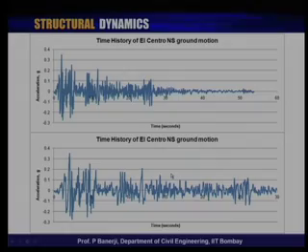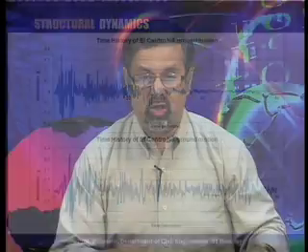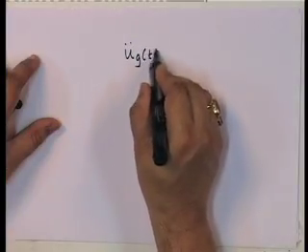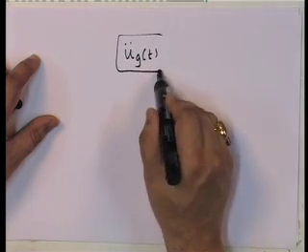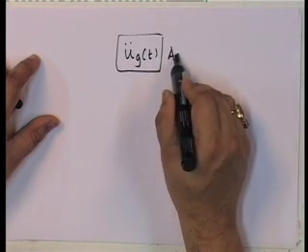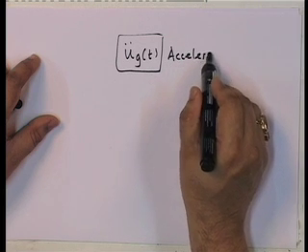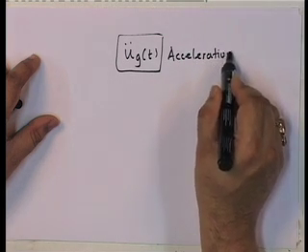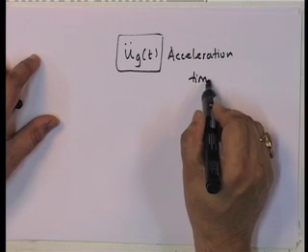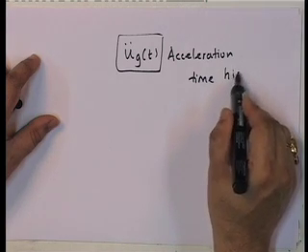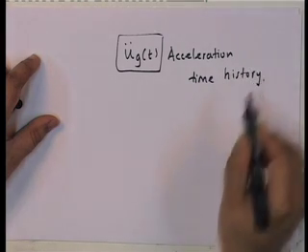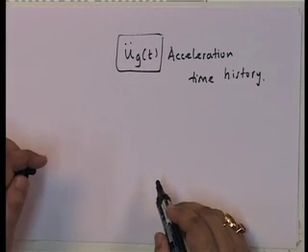Now, what we saw was that the acceleration time history is one way of defining a ground motion.